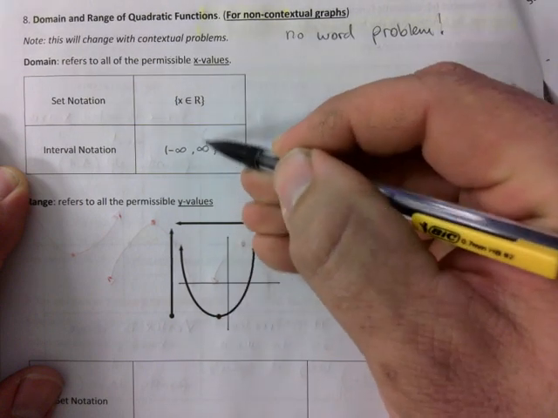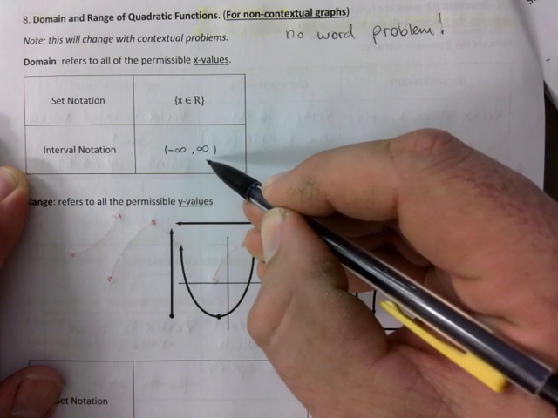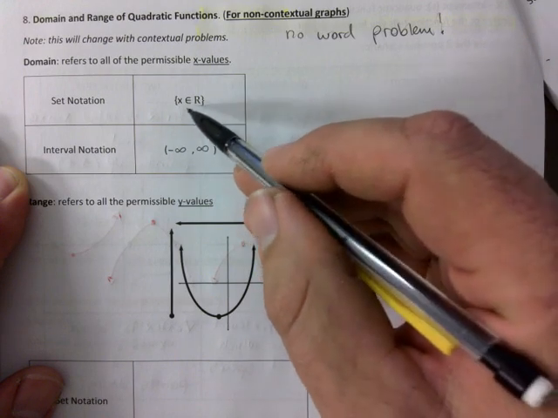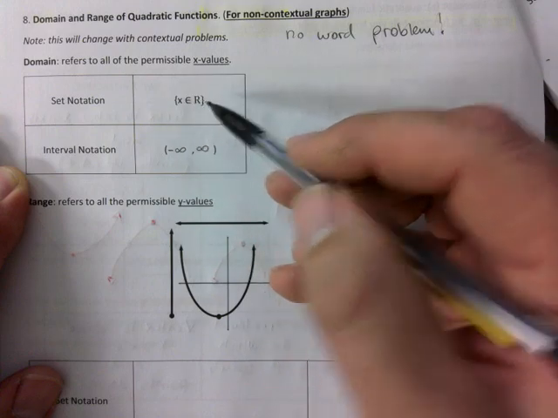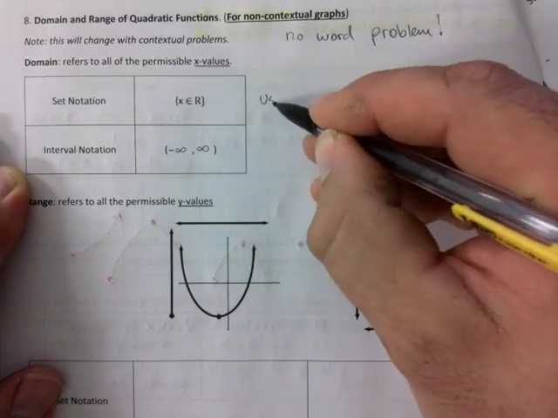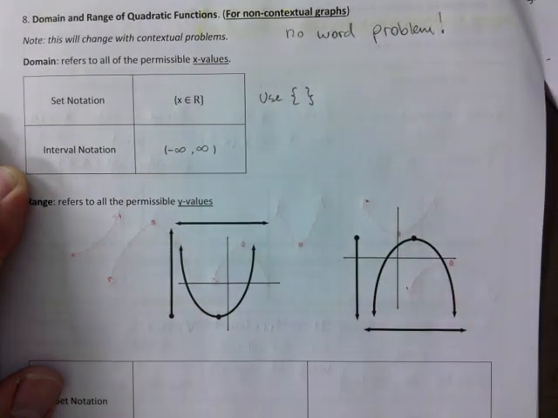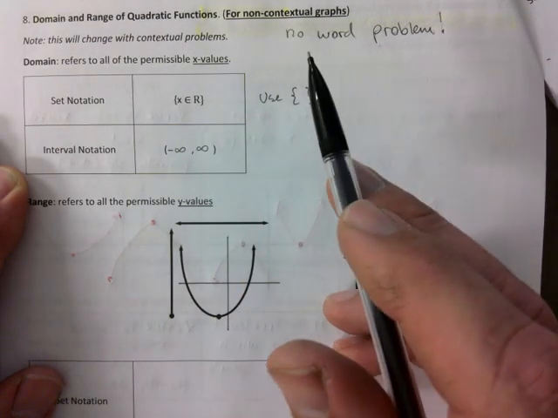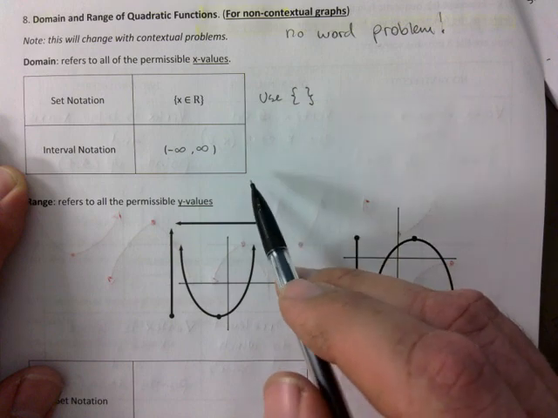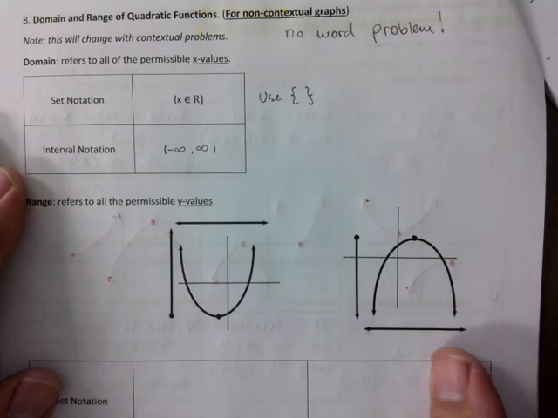So they're both saying the same thing, but interval has a start and an end. For set notation, you need to use these brackets, okay? That's important. In IAPR, I don't think you needed to show any brackets, but in applied, you do. So pre-cal not, applied we do for the provincial exam.